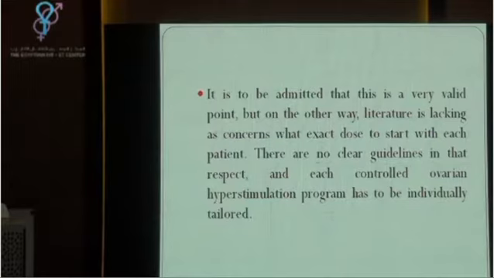When I'm in the office and I have a patient, I'm simply judging her based on her body weight, based on her age, based on her previous performance in previous cycles, and then I settle the dose. It's whether 1 ampoule, 2 ampoules, 3 ampoules, 4 ampoules, 150. It's always variable and individually tailored between each different patient.